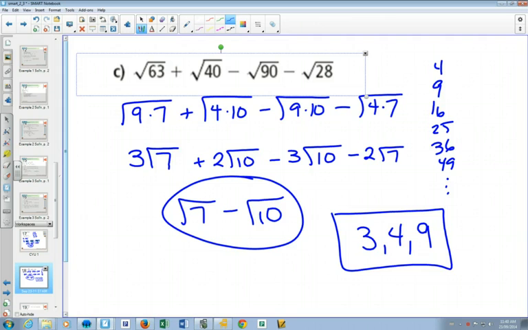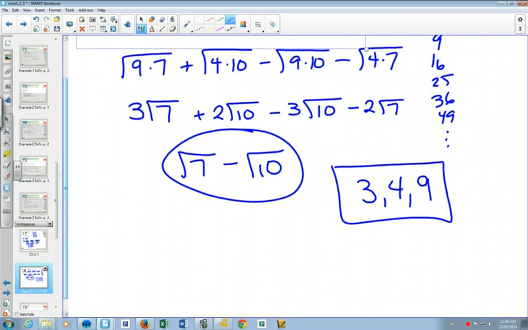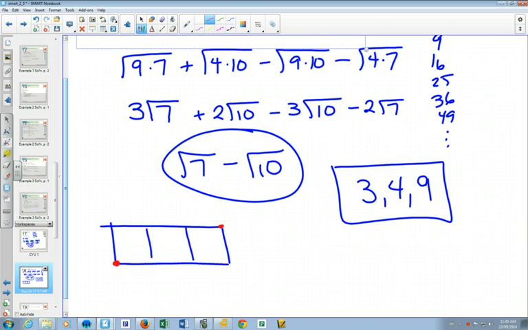And just as far as a mind-boggling thing, think about square root of 10. You were able to draw square root of 10 on that centimeter paper by going over 3 and up 1 and connecting those, right?